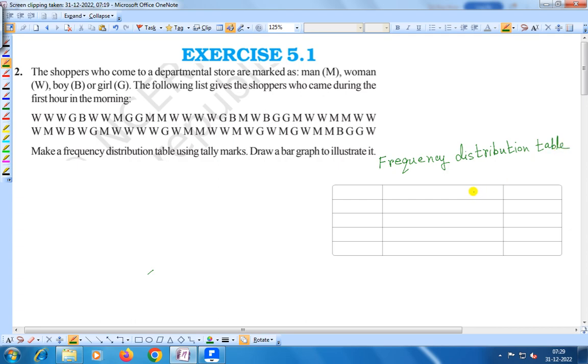Right? Here you have written shoppers. This is tally marks, and this is number.